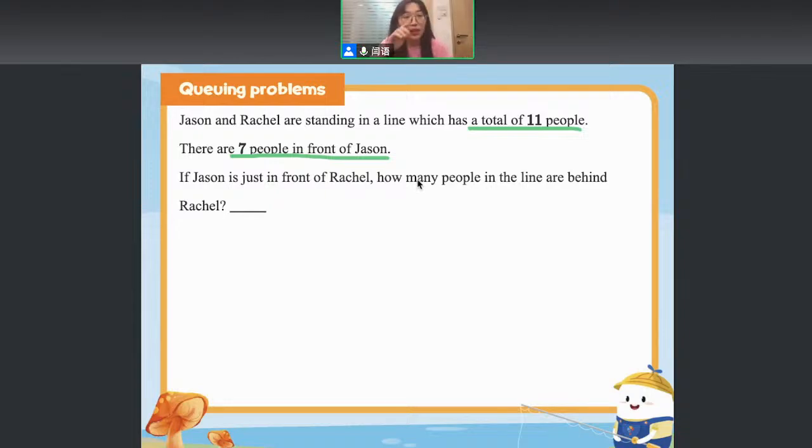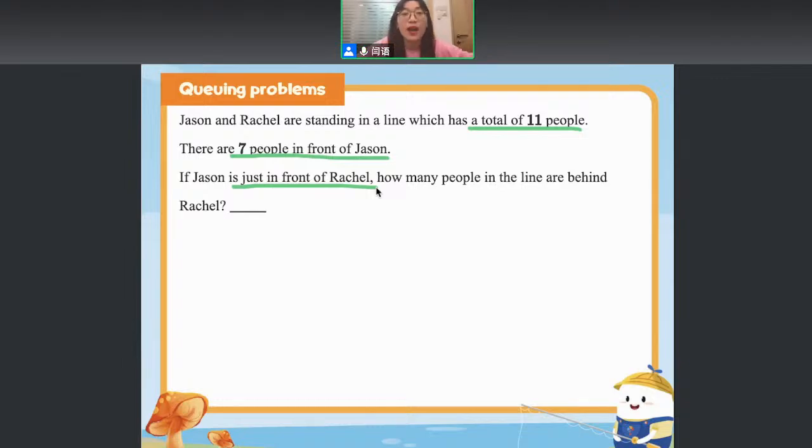And then, Jason is just in front of Rachel. What is the meaning here? So, is there any other person between them? No, right? Just in front of, 它就正好在它前面，他们中间是没有人的。Okay, there is no other person between them.